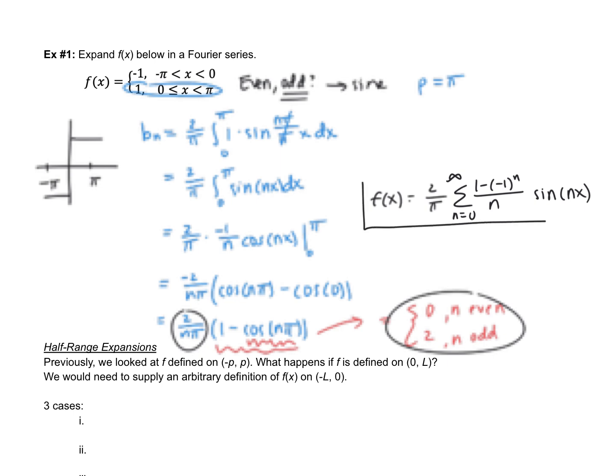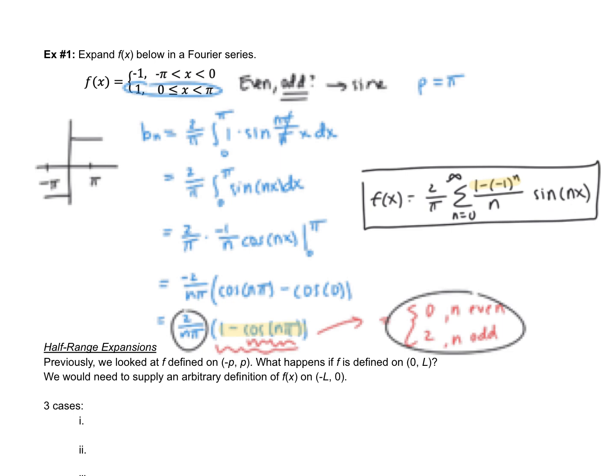Now, let's talk about how I got there from where we left off. This is the same as 1 minus cosine of n pi. If you test it out, if we substitute n as an even value, like n is 2, we get 0, like we said we should. If n is odd, like 1, we end up with 2, like we said we should. We still have that 2 over n pi, so here's the 2 over pi and the n, and then this is the part of the sine series.